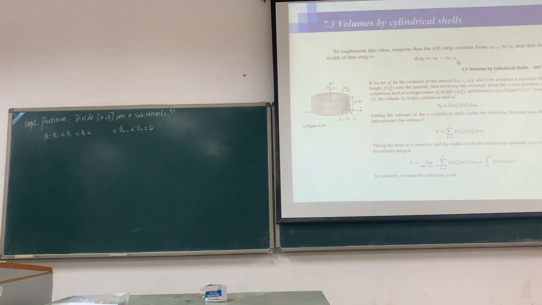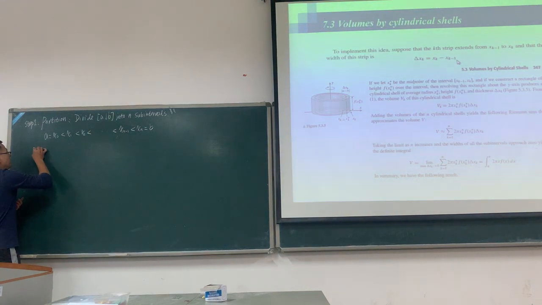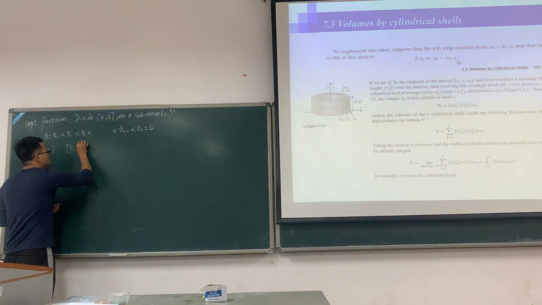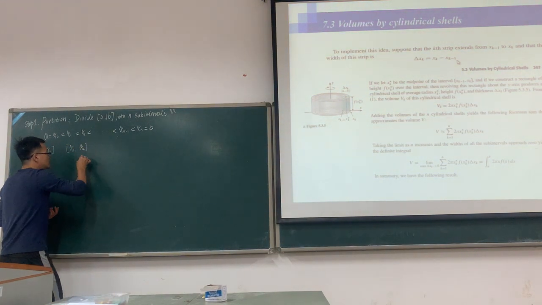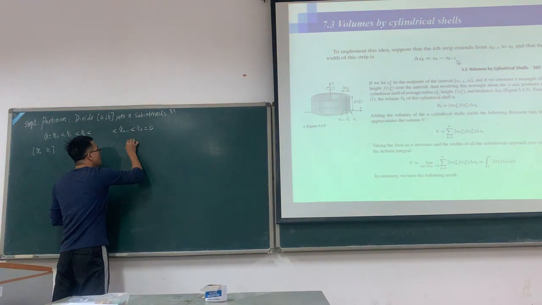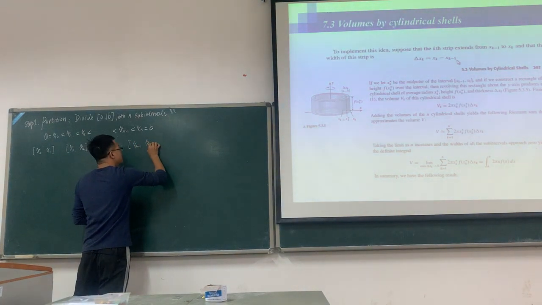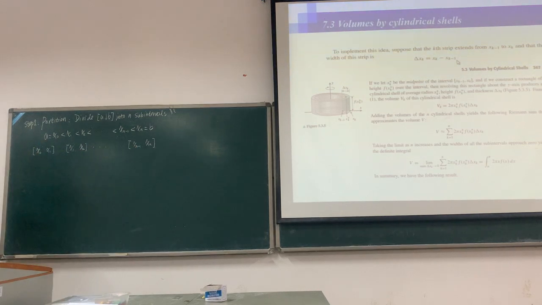So we obtain these points, and then the first subinterval is [x0, x1], and the second subinterval is [x1, x2], and so on, up to [xn minus 1, xn].